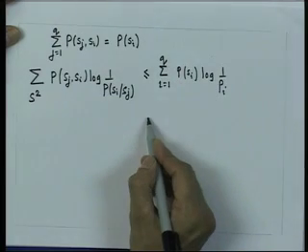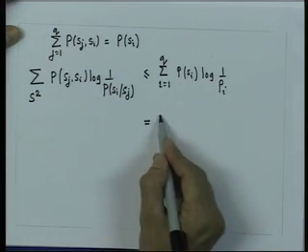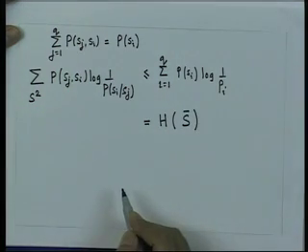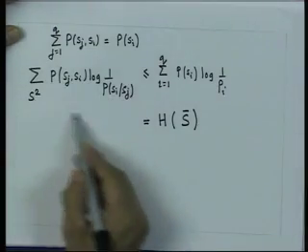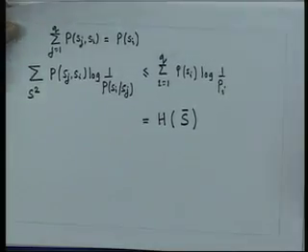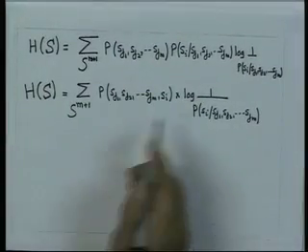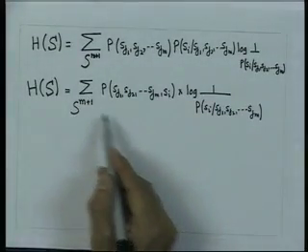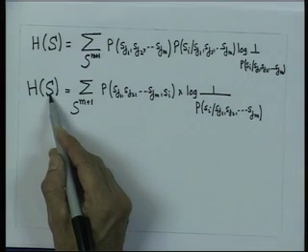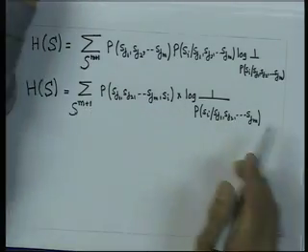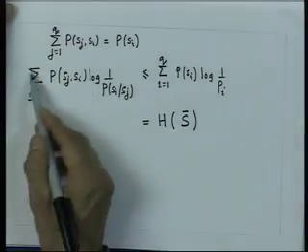This quantity is nothing but, by our definition, the entropy H of S bar, and this quantity out here is very easy to identify in the light of what we have done earlier today. This is the expression which we derived for the entropy of an mth order Markov source. In our case, the source is first order, so this becomes S2, and this expression simplifies to this expression.